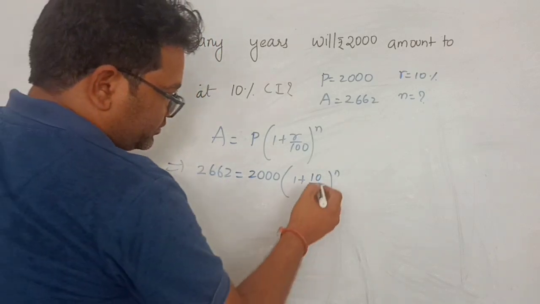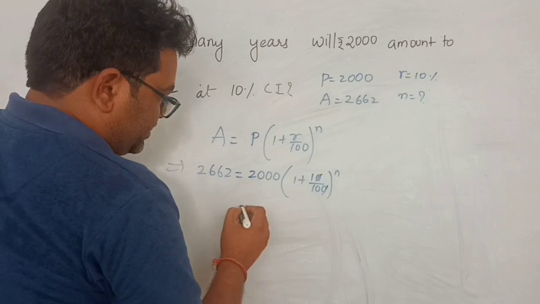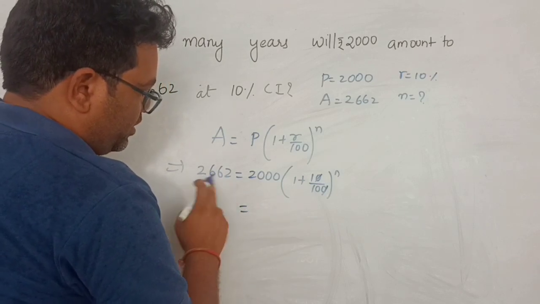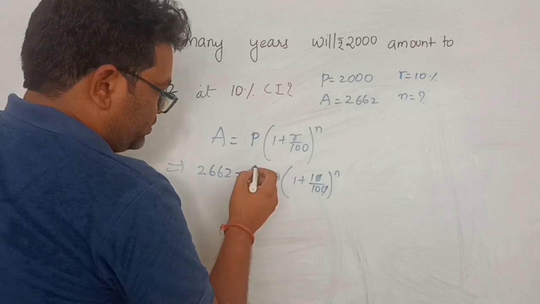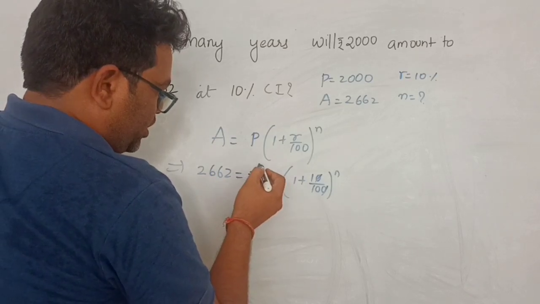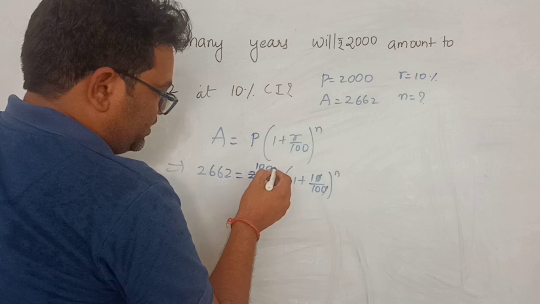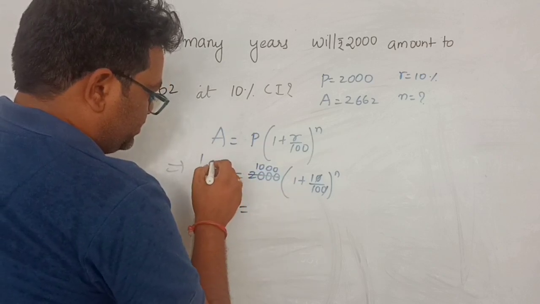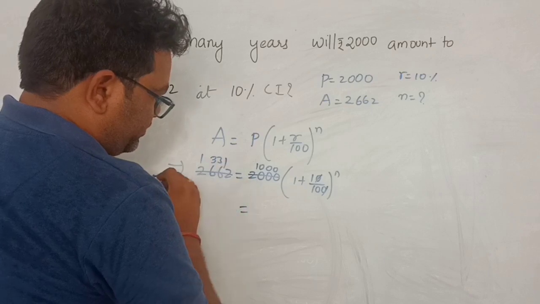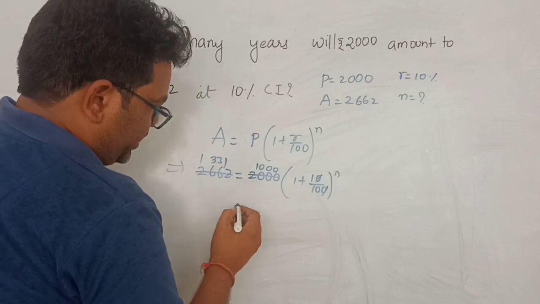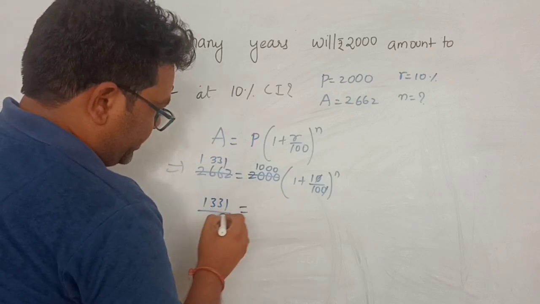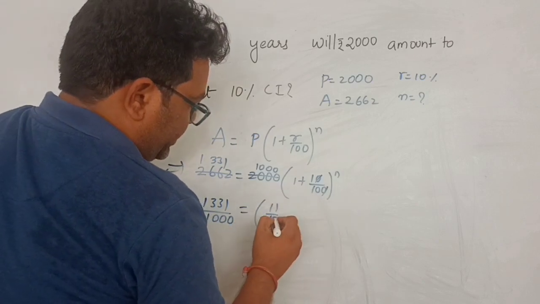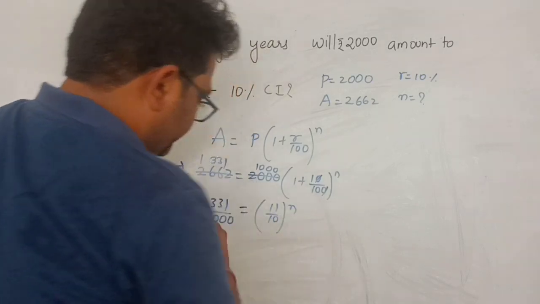So here 0 0 cancel. Now 2662 is given. So how much do you get? 2000 means 1000, 2 1, 3 3 1. So here 1331 by 1000 into 11 by 10 whole to the power of n.